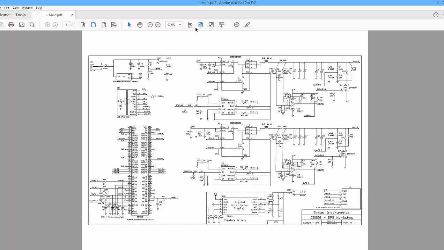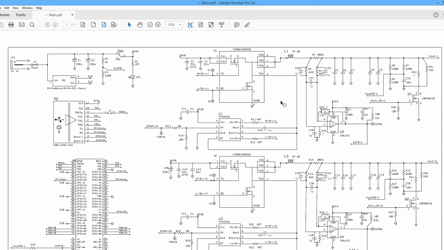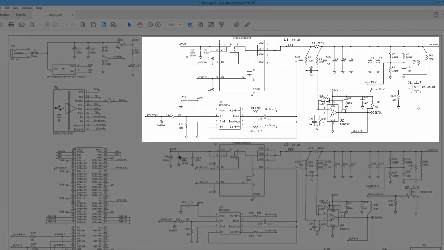Here's the schematic, and we can see it's a synchronous buck converter, though the control is only to the main switch; the drivers are doing the synchronous drive. We have a current measurement of the inductor current and the output voltage measurement.